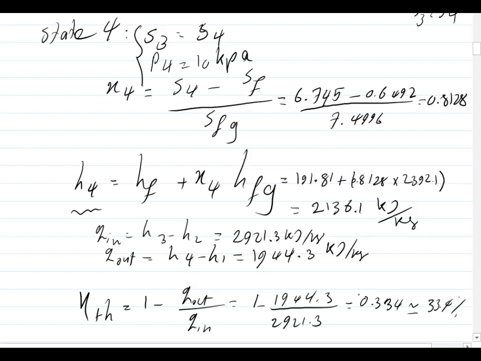So thermal efficiency of this Rankine cycle with the configuration and structure which is shown in part A of the question will be 33.4%. In step B and C, we will see how the thermal efficiency will change if we change some of the parameters in the cycle.